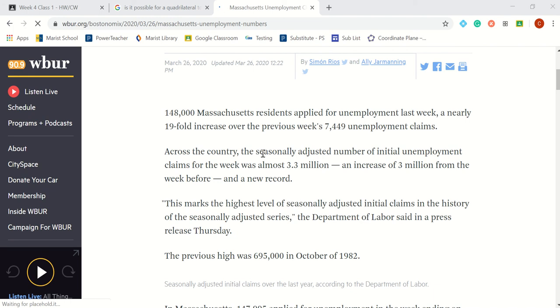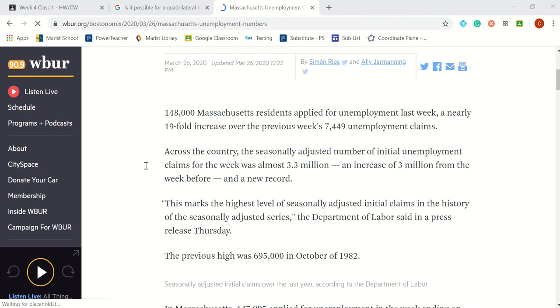So in Massachusetts here, recently, I guess is March 26th, 148,000 Massachusetts residents applied for unemployment. The previous week was 7,449 unemployment claims. To go from 7,449, you have to multiply that by 19 roughly to get to 148,000.